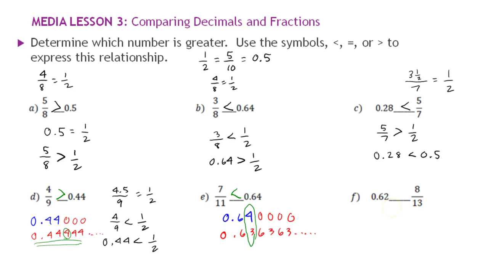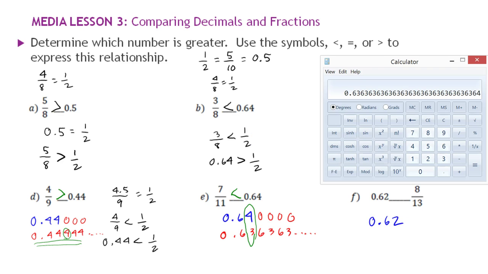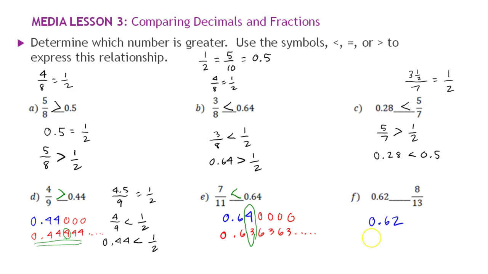And let's look at the last one. We want to compare 0.62, and now I'm going to divide 8 by 13 to find its decimal approximation. And we have, I'm going to write about 4 or 5 decimal places, 0.61538.